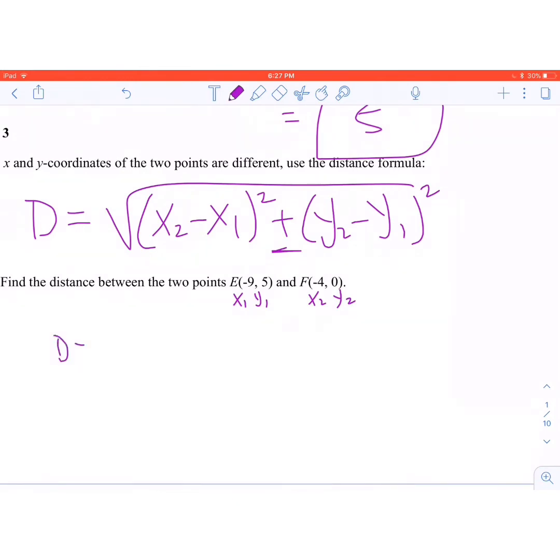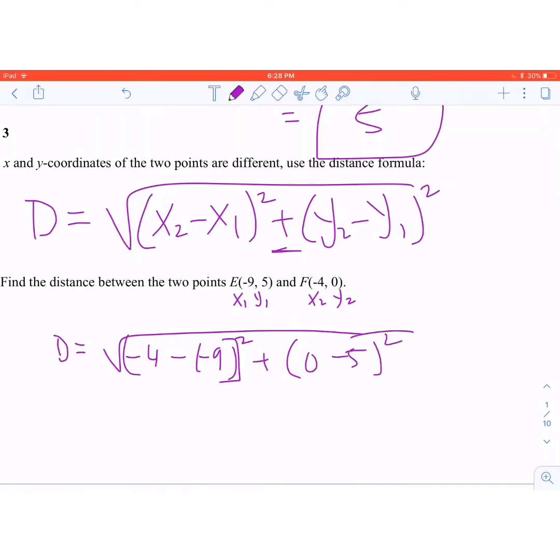So D is equal to the square root of (x2, so it'll be -4, minus -9) squared, plus (y2, so it'll be 0 minus 5) squared. Square root, so -4 plus 9 is 5, so it'll be 25, plus (-5) squared is 25.